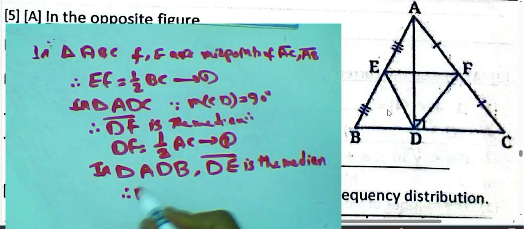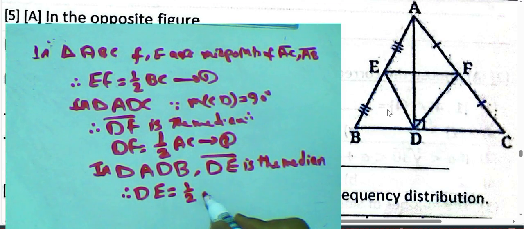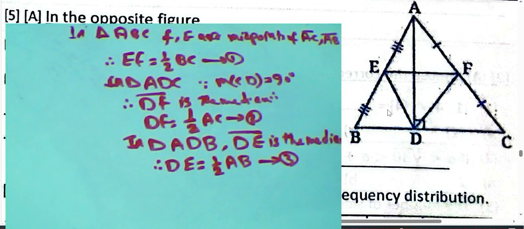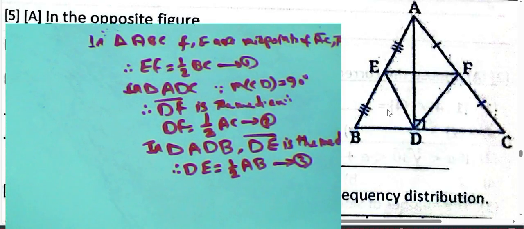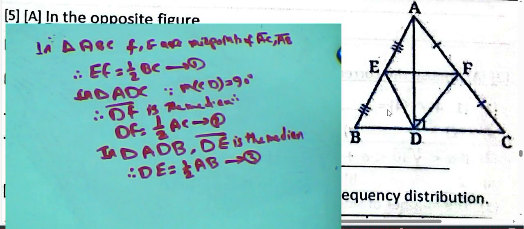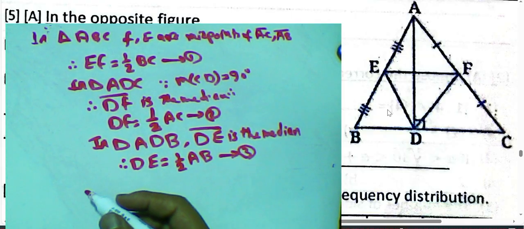Then DE will be half of AB. It's relation number 3. We can collect relations 1, 2, and 3 to find the answer. He wants to prove the relation between the perimeter of the small triangle and the greater triangle here.